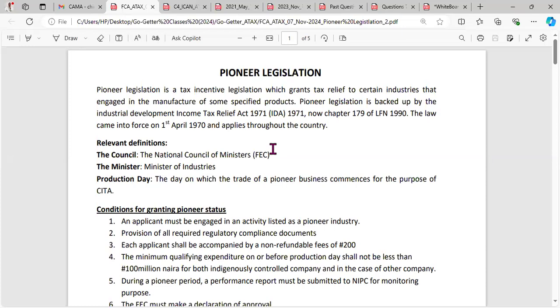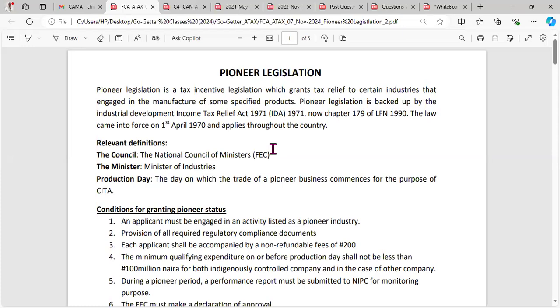What is pioneer legislation? Pioneer legislation is a tax incentive. Now, when I say tax incentive, it means that this is a kind of tax rebate, or something that will enable you to do business in Nigeria, or something that cushions the effects of taxes in Nigeria.